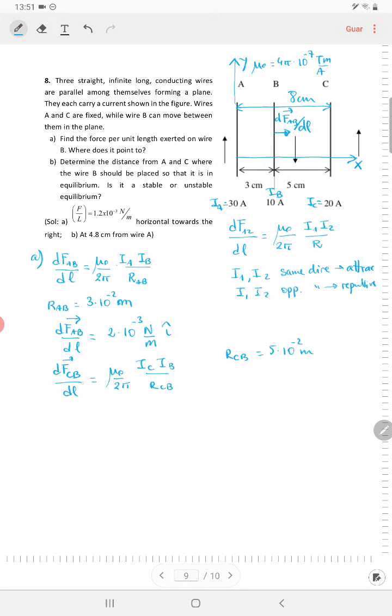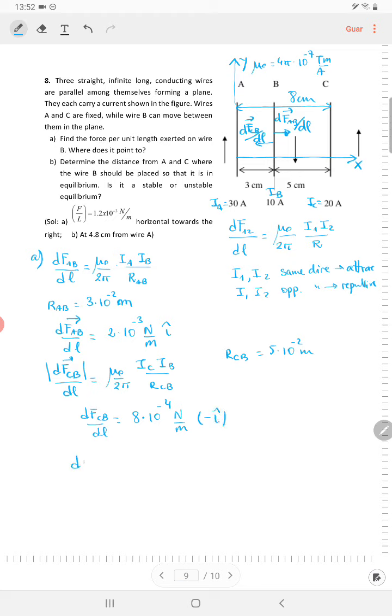So if you put everything together, this is a modulus, CB dF over dL, this gives you 8 times 10 to the minus 4 newton per meter. And to know the direction, we just have to see that wires B and C have opposite directions, so the force is repulsive. So the force FCB over dL has this direction, so this is minus i.